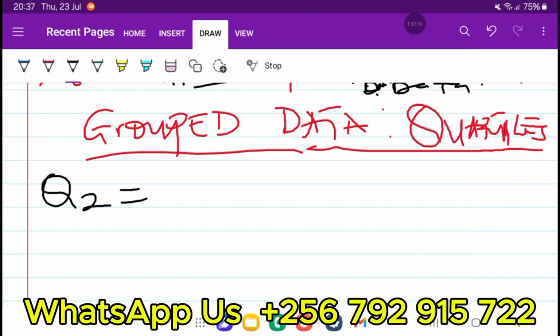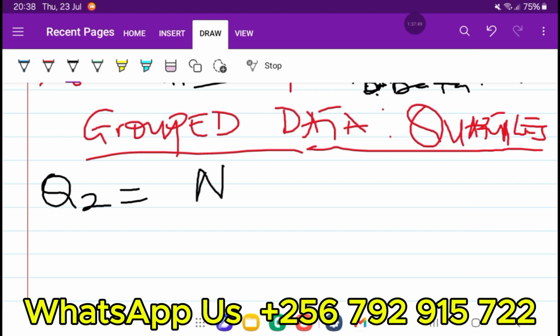We can use letters, then these letters we explain what the letters represent. It's always good to explain the letters you have, as long as the data is grouped.